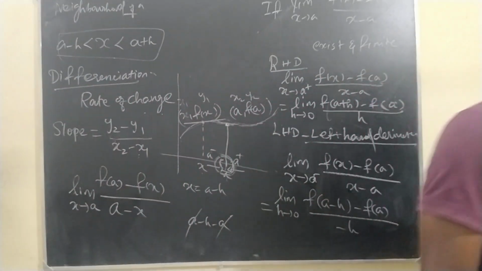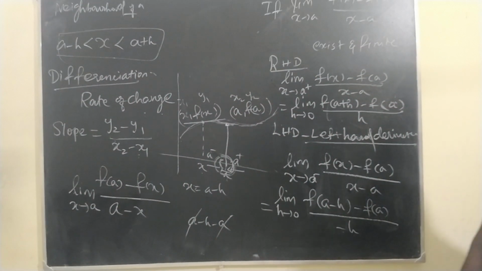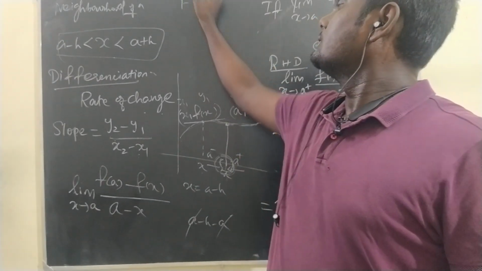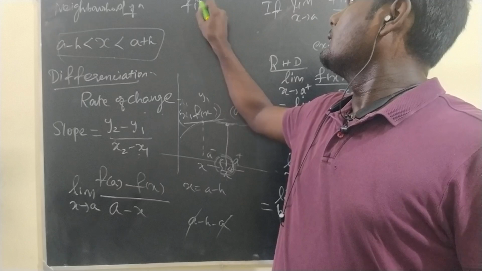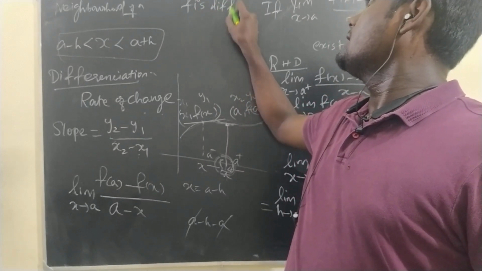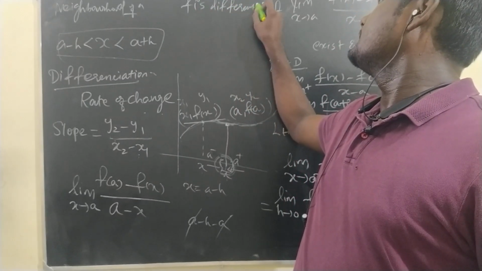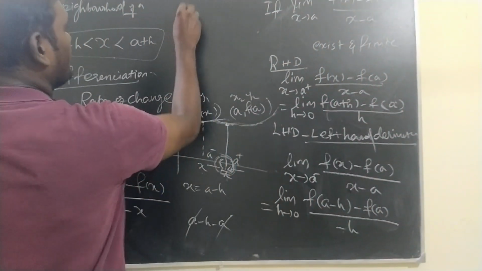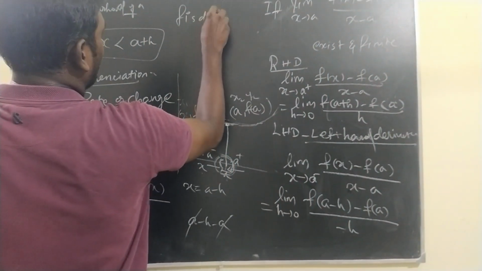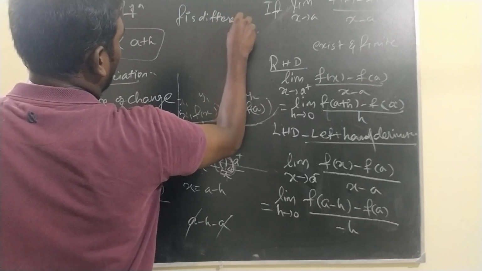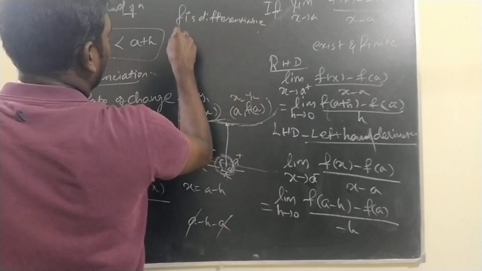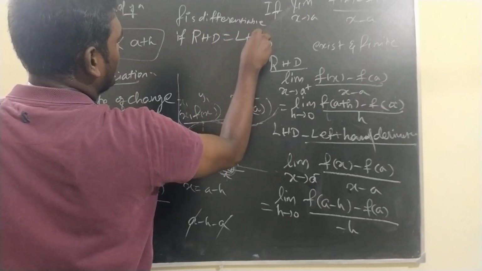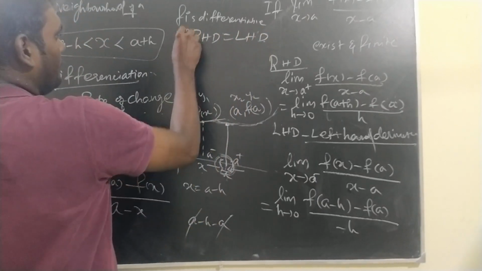So a function f is differentiable if the right hand derivative equals the left hand derivative. If and only if.